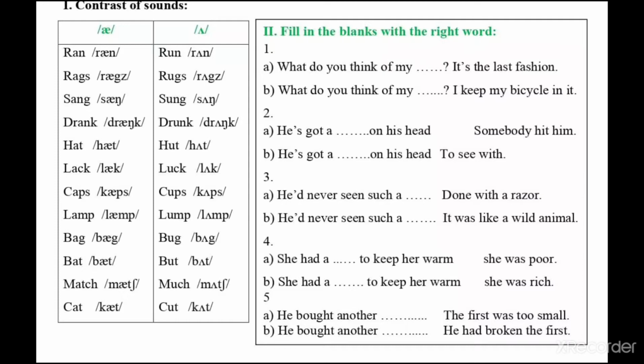The first one is, she had a rag to keep her warm. She was poor. A rag is a very old piece of cloth, because she was poor. So she was wearing a rag, an old piece of clothes.